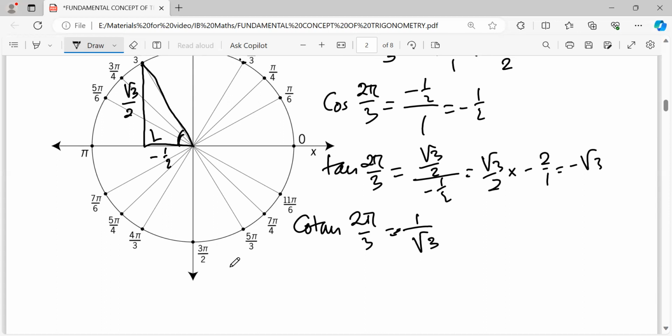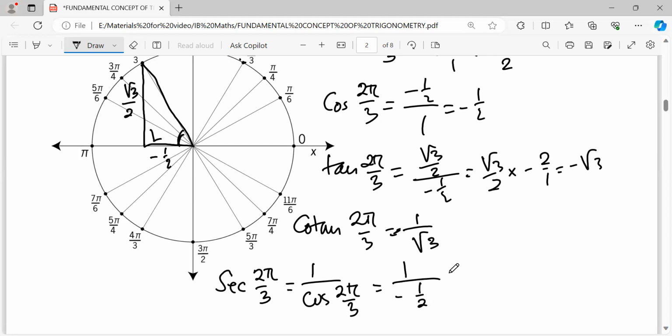And after the second, 2 pi over 3 equals 1 over cosine 2 pi over 3, 1 over negative half equals negative 2. Okay.